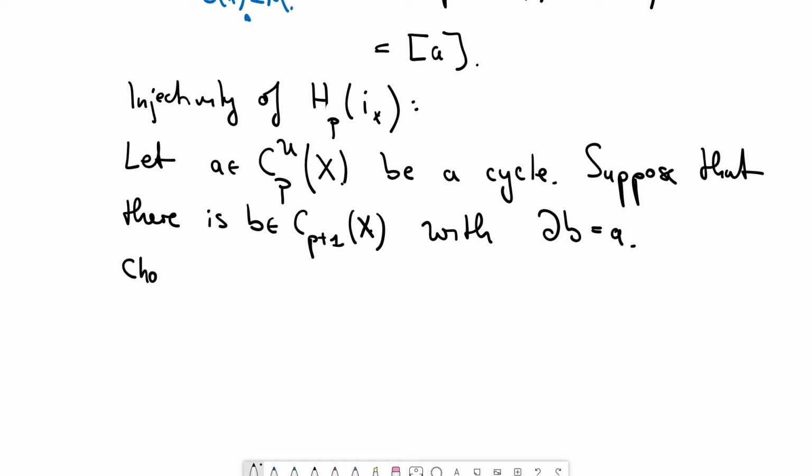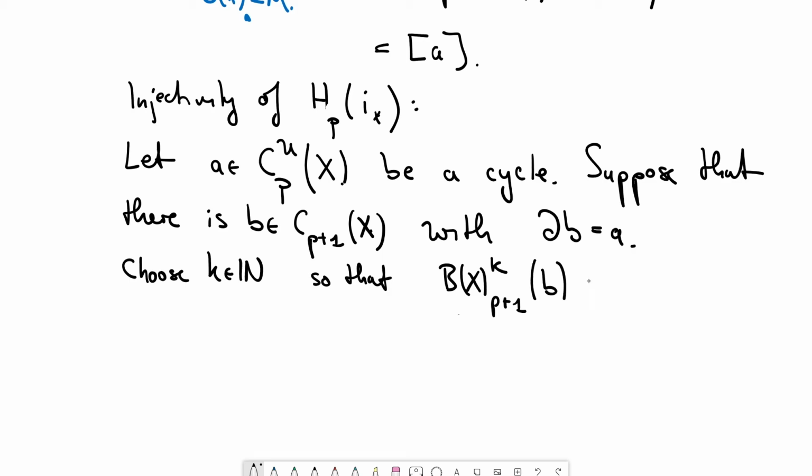So choose k as above, so that B_X in degree p+1, applied k times to B, is in C_{p+1}^U(X). And we will see the boundary of that element here is not quite A, but nevertheless it helps to consider this element now.